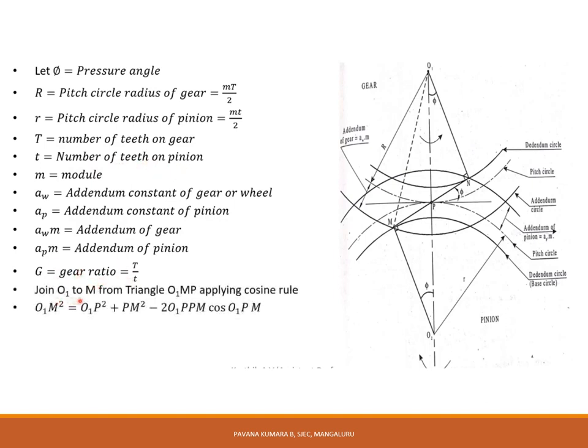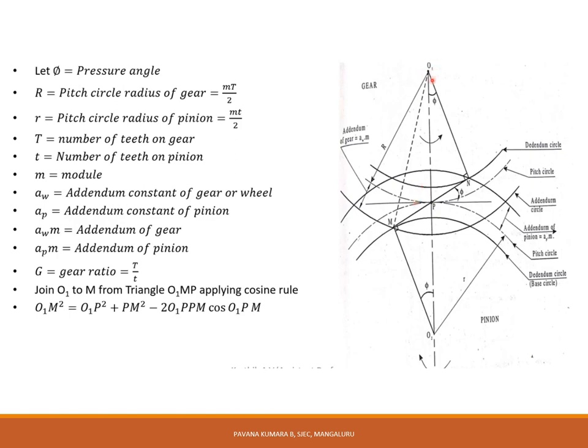So next, join O1 to M, that is in dotted lines. And from the triangle O1MP, that is not a right angle triangle or an equilateral triangle, so apply the cosine rule. From the cosine rule, we can determine O1M.